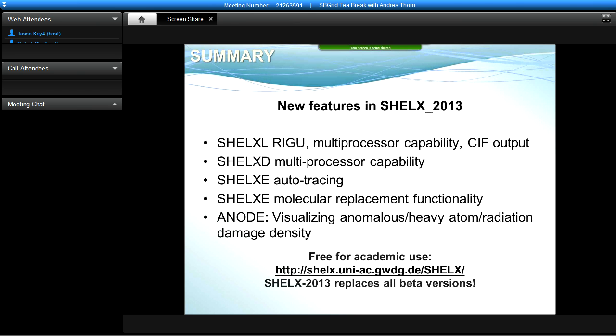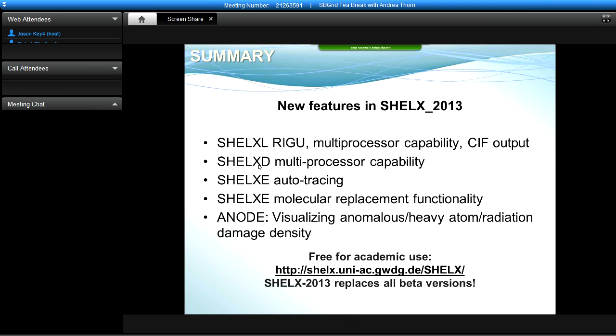Autotracing in SHELXE, which allows much better initial phases for refinement. And molecular replacement functionality that allows for the combination of phase information from different sources. Or to use SHELXE to improve your molecular replacement solution without any experimental data. And the small tool Anode to visualize anomalous heavy atom or radiation damage density.